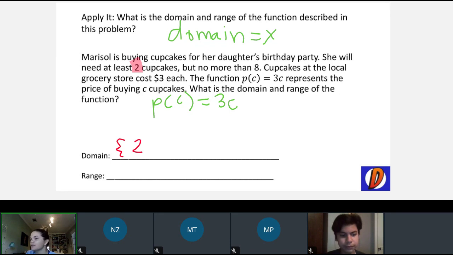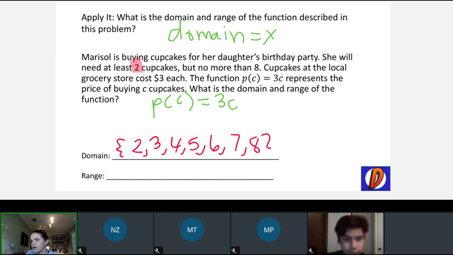Exactly, good, Michael. She's either going to buy 2, 3, 4, 5, 6, 7, or 8. She's not going to buy 2.5. She's not going to buy 4.25, okay? Whole cupcakes. So she's either going to buy 2, 3, 4, 5, 6, 7, or 8 cupcakes.